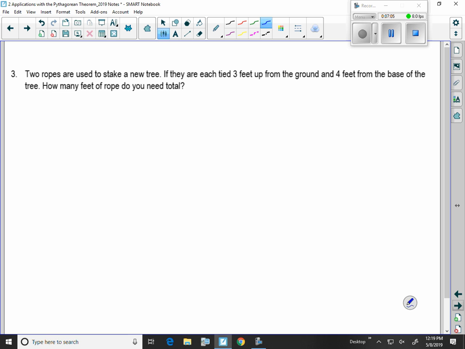Okay. Two ropes are used to stake a new tree. This is a little bit more difficult on this question, so I want you to listen here. The two ropes that are used to stake the tree are each tied 3 feet up from the ground. So imagine, here's the tree that's 3 feet tall.